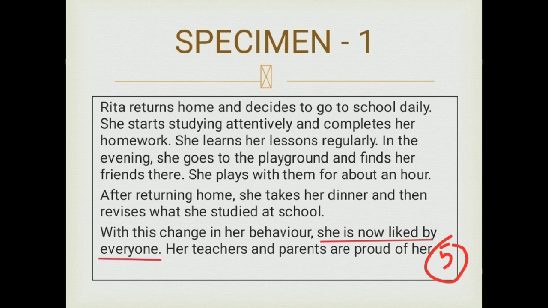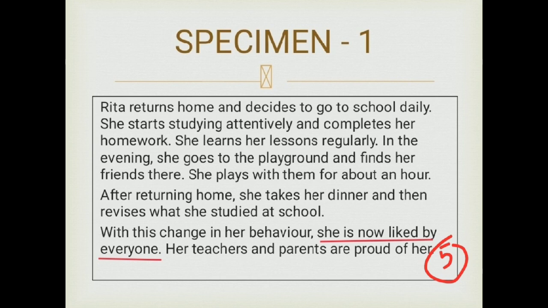Now it will be easier for us to write down the answer without reading the passage again, because we have underlined the lines and allotted the numbers. So it will be easier for us to just write the answers down.